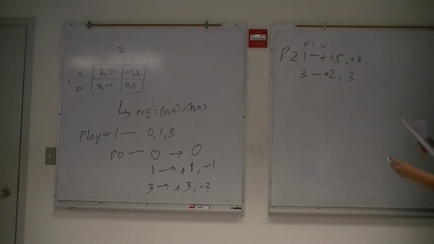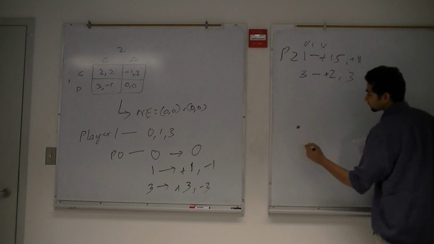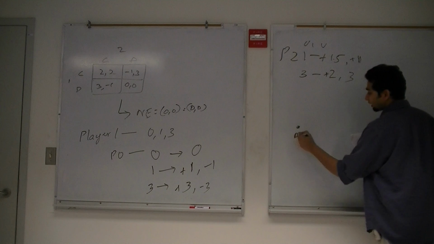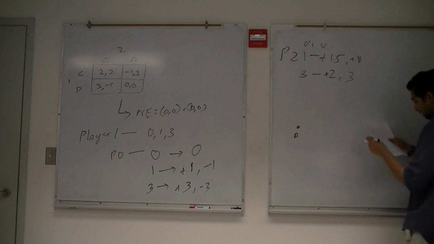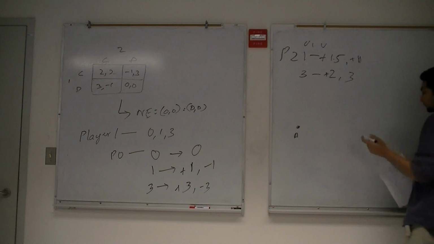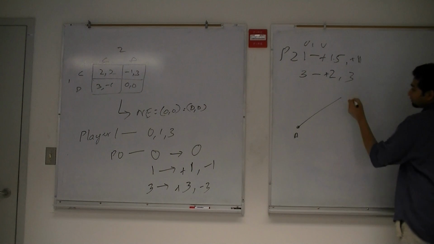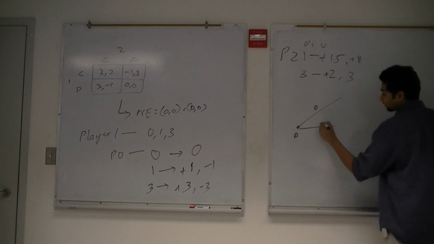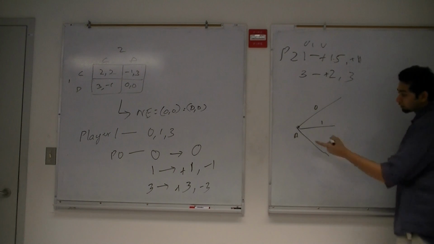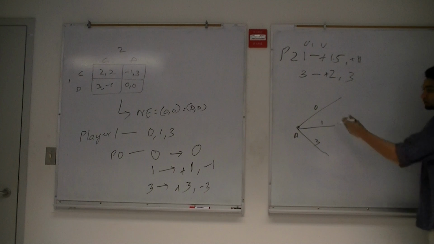So let's say this is player A, Sean. He basically can choose between 0, 1, and 3. So these are his 3 different strategies that he can choose.